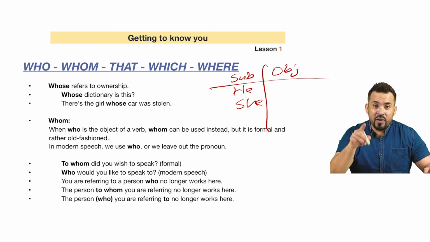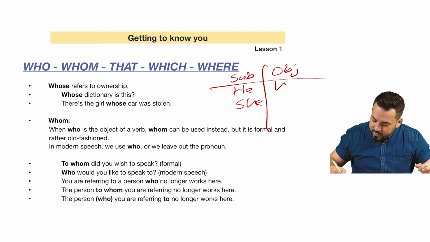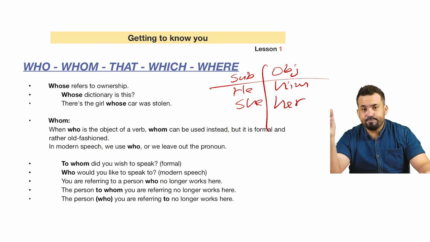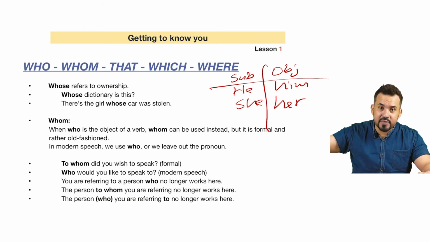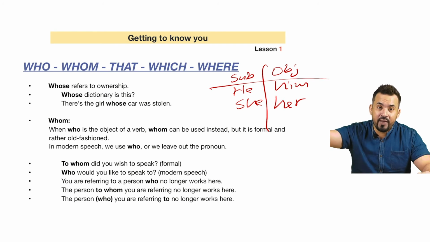Now, if we are using a pronoun to replace the object, he becomes him and she becomes her. So for example, I told Alex. If I want to replace Alex, it will be I told him.